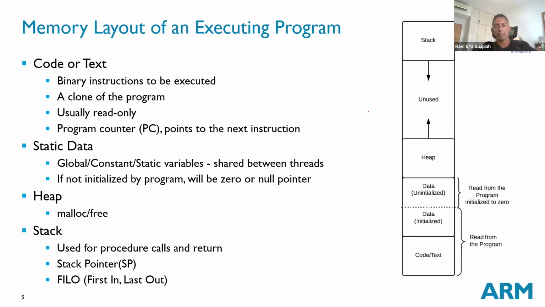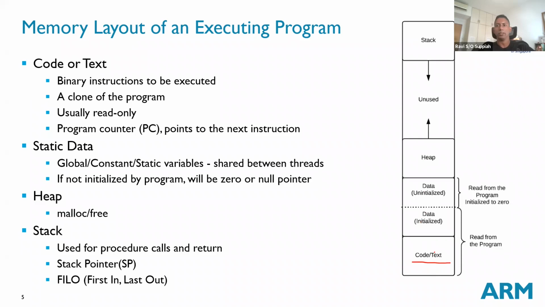This is just a single slide to give you an idea. There will be another lecture dedicated to understanding the memory layout. But in general, our memory is given in a layout where your code and text is allocated to one chunk.